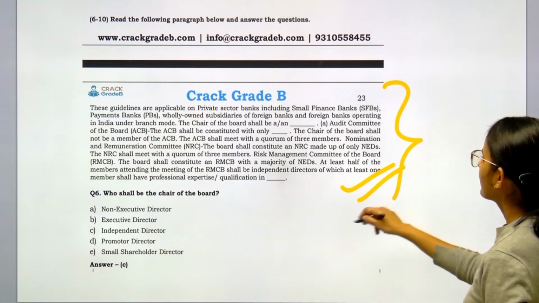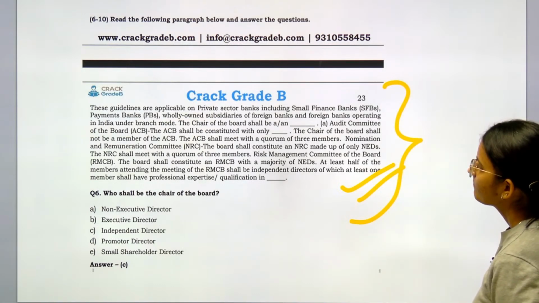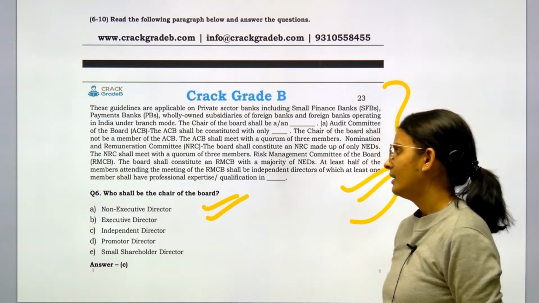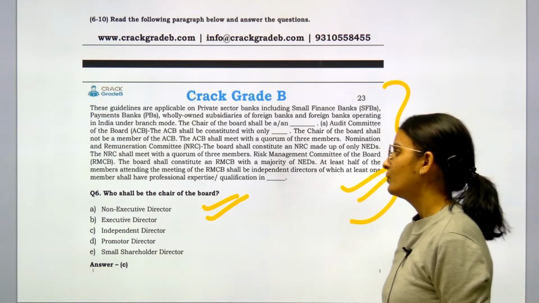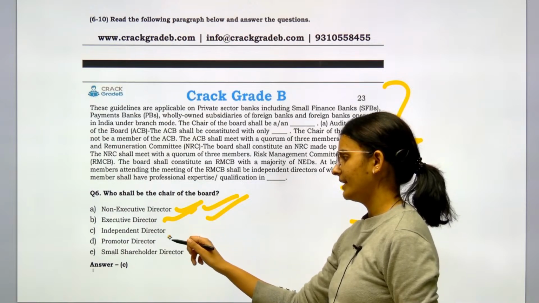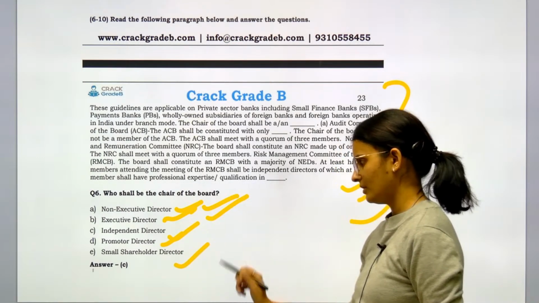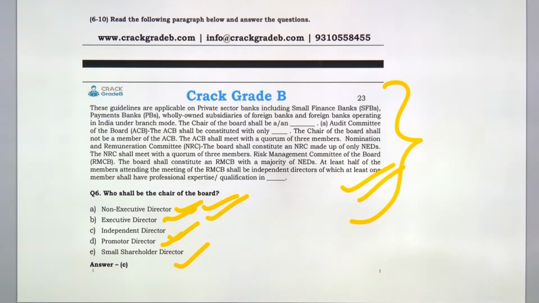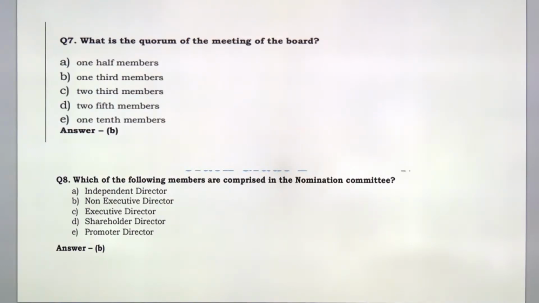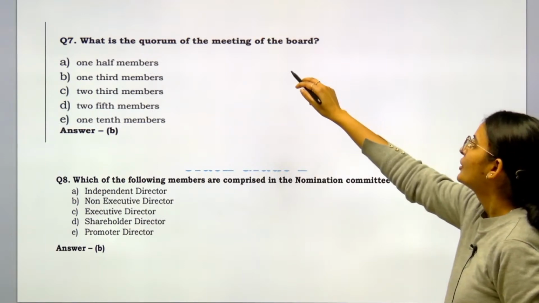So a paragraph was given, and based on this paragraph, we have to tell who shall be the chair of the board: non-executive director, executive director, independent director, promoter, or small shareholder director. Okay. This is a static question asked from current affairs. What is the quorum of the meeting? Static question.